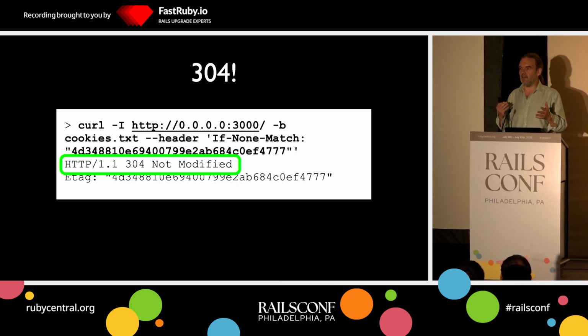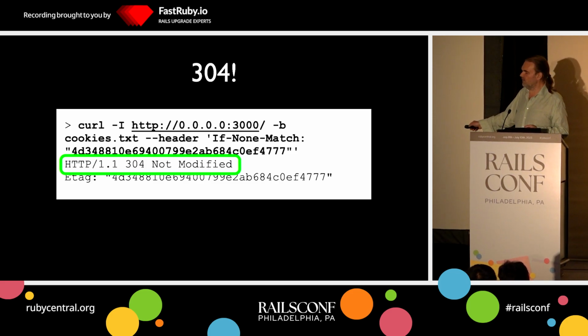Often you browse through a shop and go back and forth, so you already have that page. And if it hasn't changed, you don't need to render the HTML, because that's a waste of time. In that case, the Rails system or the server says nothing has been modified, and that's HTTP code 304.